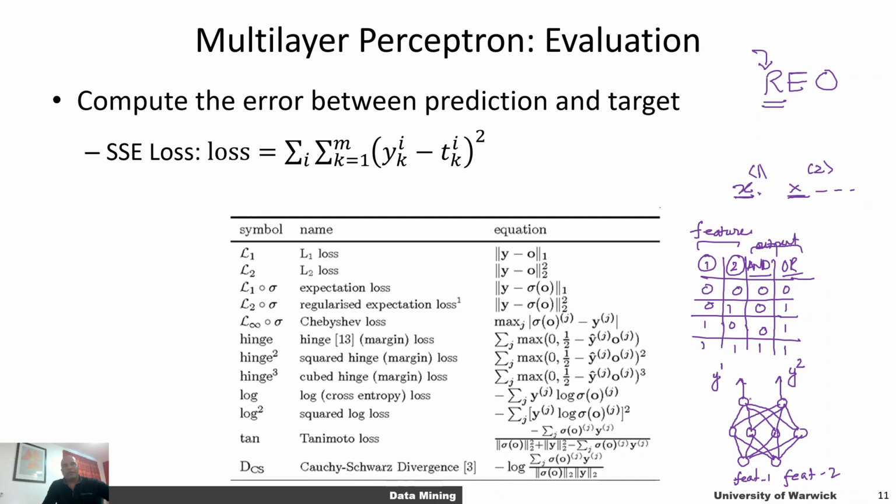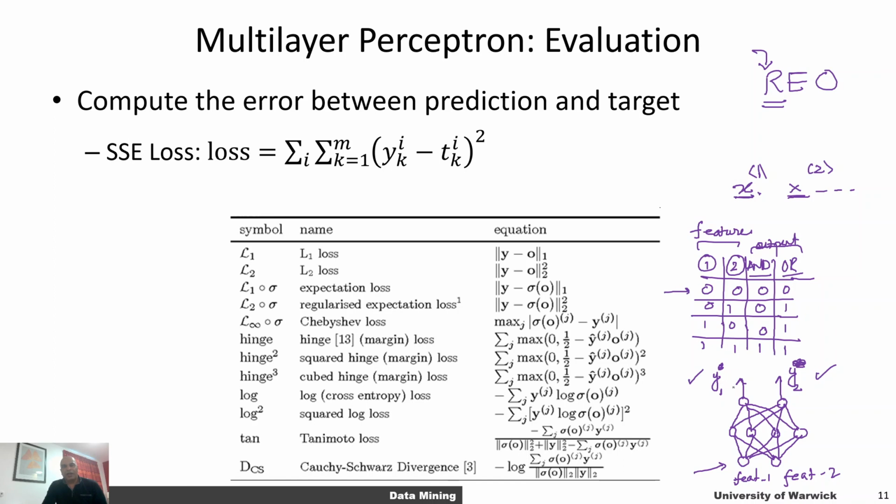Sorry, I should have used it in the subscript. Apologies for that. So this is going to be the first output, and this is going to be the second output for a given example. When you feed in an example, let's say you feed in example 0, 0, it travels through this network, gets multiplied with the weights, is acted upon by activation functions, and then an output is generated for each of these two outputs.